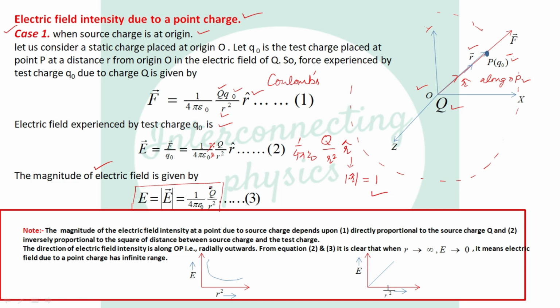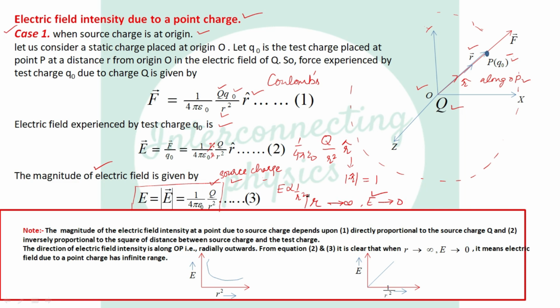Now you see from this relation that electric field due to point charge only depends upon source charge. It does not depend upon test charge. And number 2, electric field intensity is inversely proportional to R square, means if R approaches to infinity, then E will approach to 0.